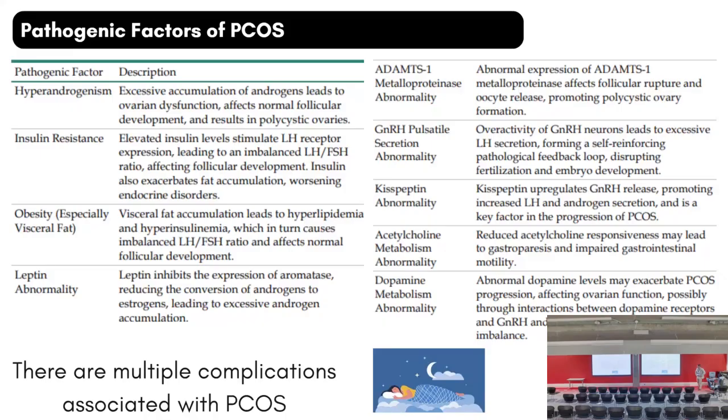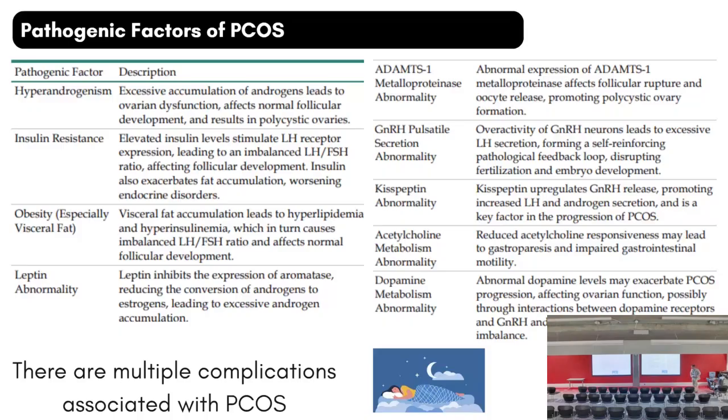There's more factors as well. I've put this up here really to emphasize the additional complications that we see associated with PCOS as well. So there's leptin abnormalities as well. So you're seeing things like people's ability to regulate their appetite is influenced as well. Dopamine metabolism you see here is impaired.